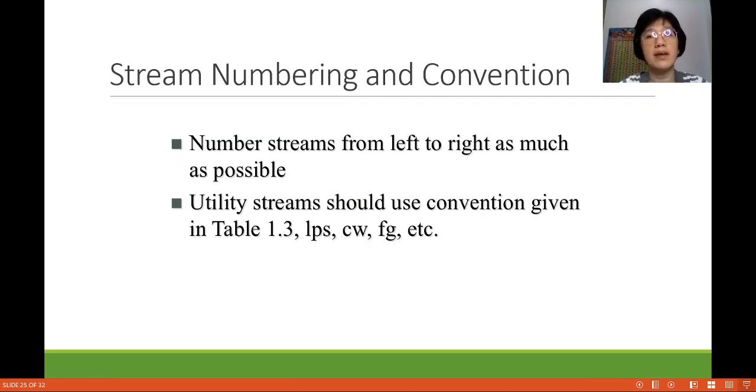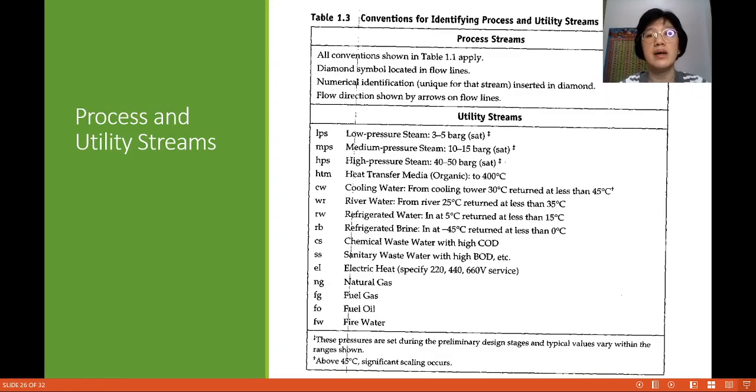So in terms of stream numbering and also convention, normally we number the stream from the left to the right. Okay. And utility stream, we should use a convention as given in the following tables. So for example, we have LPS means low pressure steam.